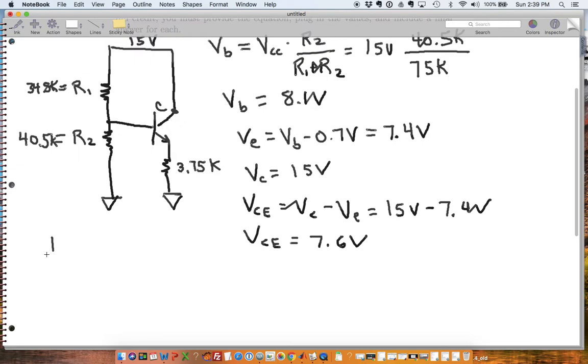So my IB is going to be VE divided by RE, 7.4 volts divided by 3.75K.